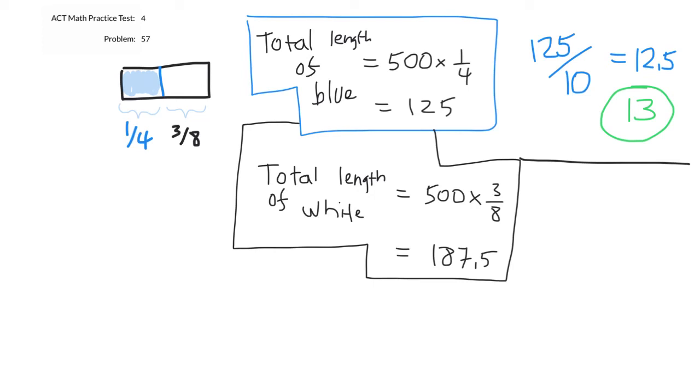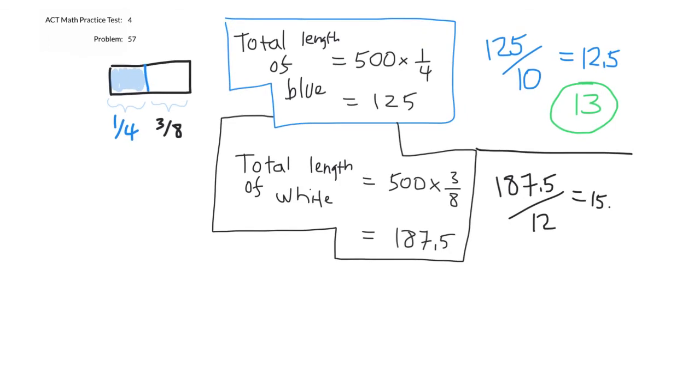Now, let's do the exact same process to figure out how many bolts we need to purchase for the white part. We know that we need 187.5 total yards of white in order to make 500 banners. We're purchasing the white material in 12-yard bolts, so many of you watching probably understand that we'd have to simply divide 187.5 by 12, and that would give us 15.625.